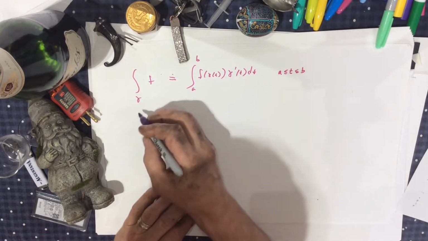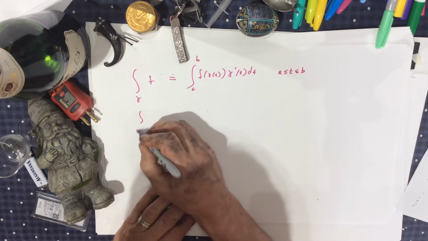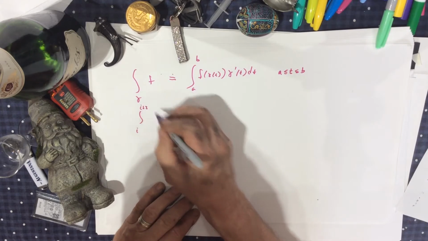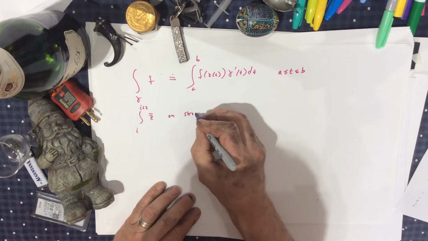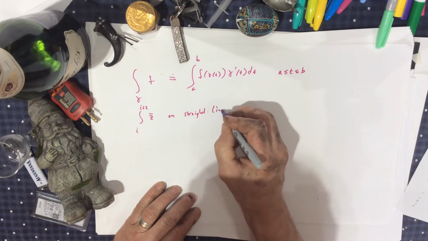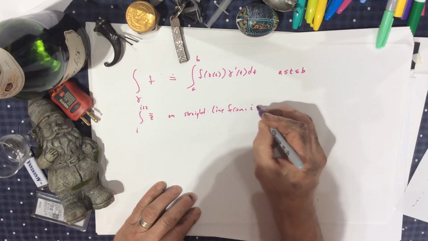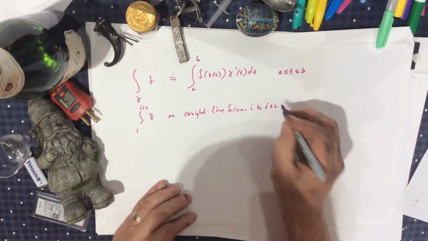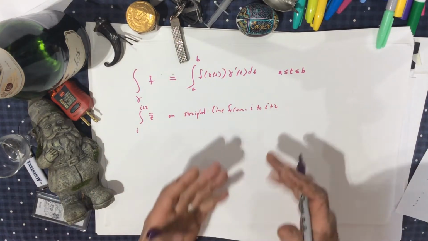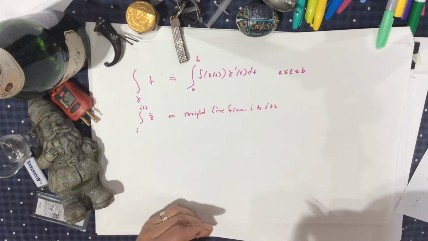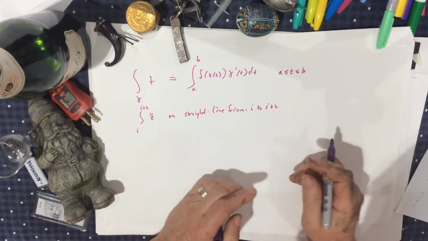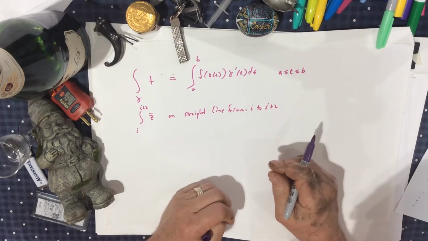An example you should be able to do is the integral from i to i plus 2 of z bar on a straight line from i to i plus 2. And that's not too bad, and that uses that. Now, z bar is not a holomorphic function, and that means that any of the future theorems don't help. That's about the only way to do it.